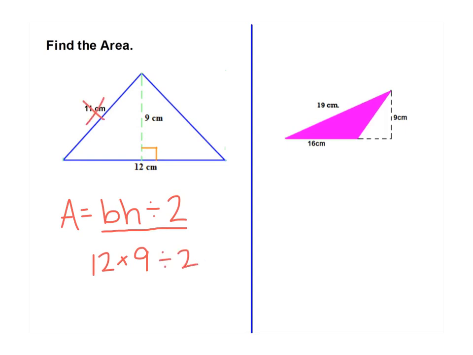Okay, so this 11 centimeters is extra information as far as the area goes. Okay, and then we can go ahead and simplify our expression. 12 times 9 is 108. And then we're going to divide that by 2, and 108 divided by 2 is equal to 54 centimeters squared.